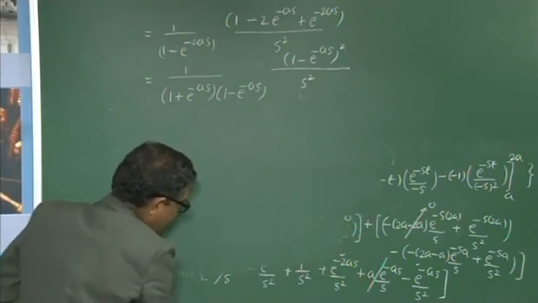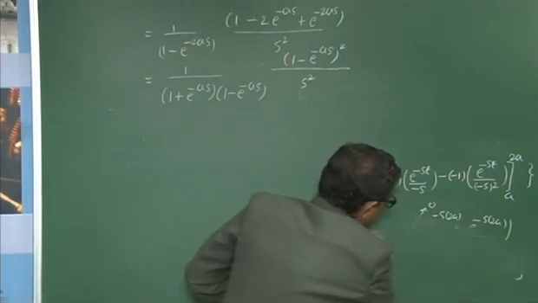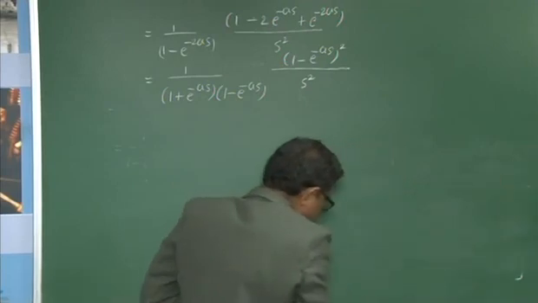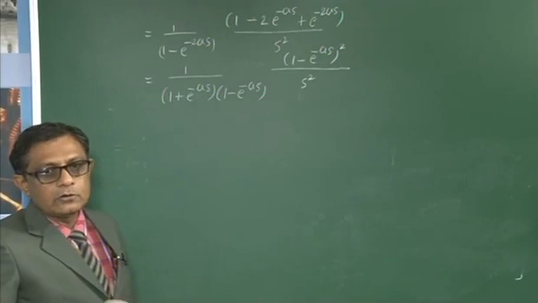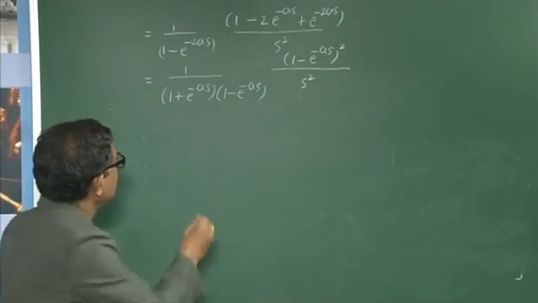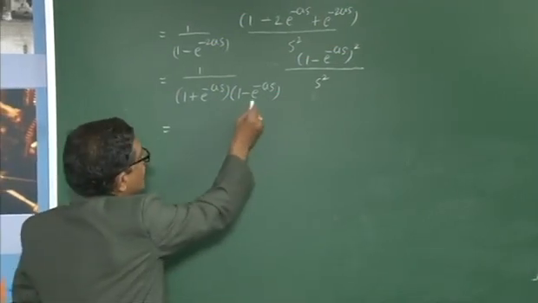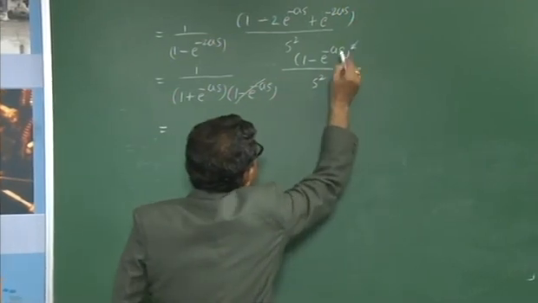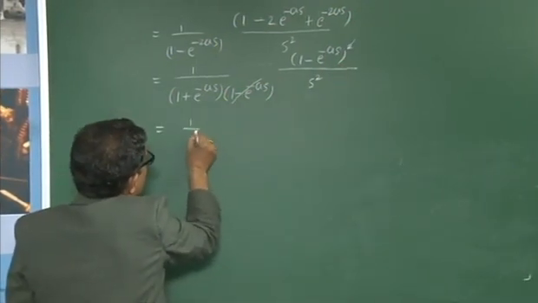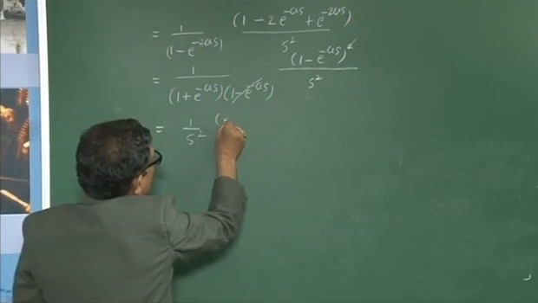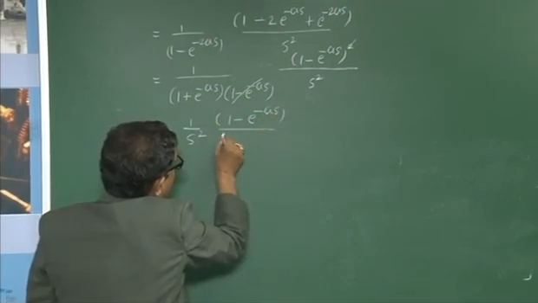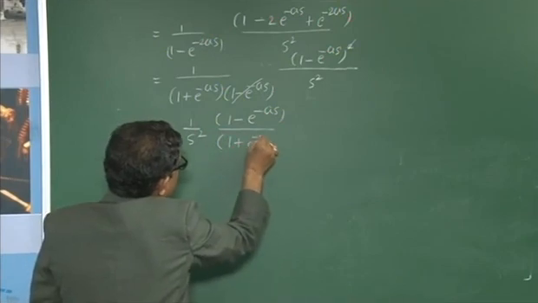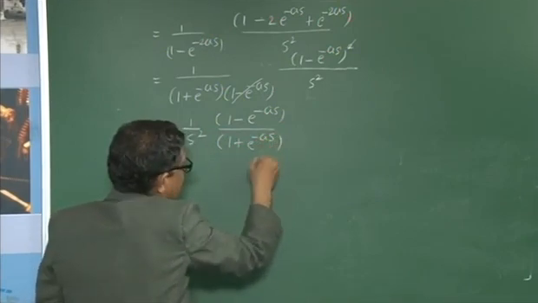How to simplify? I told, always the result should be in the simple form, not so complicated or too big also. Now, 1 minus e raised to minus as, one factor gets cancelled. It is 1 by s square, 1 minus e raised to minus as divided by 1 plus e raised to minus as.